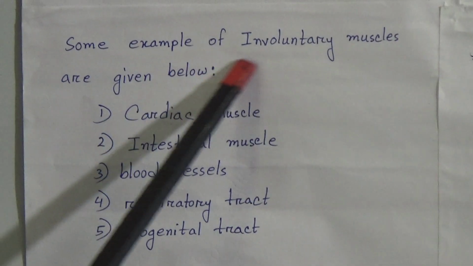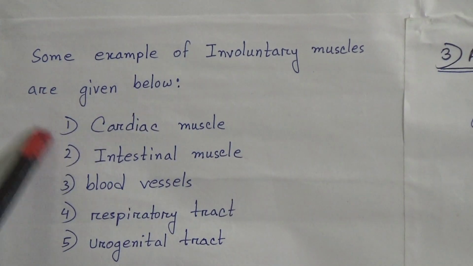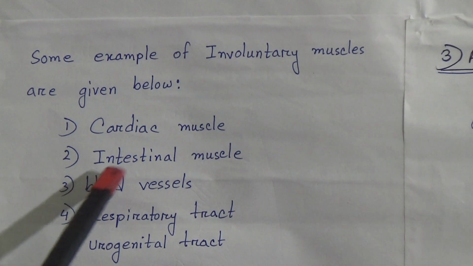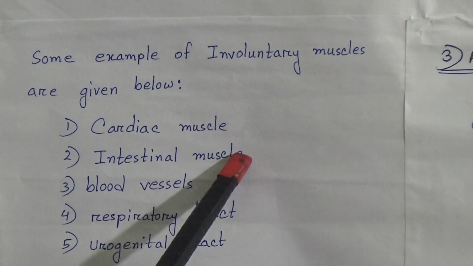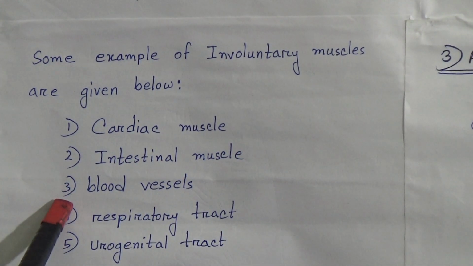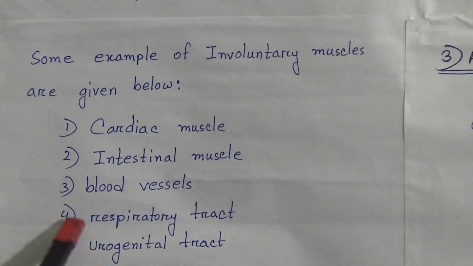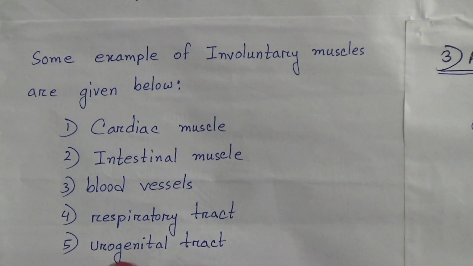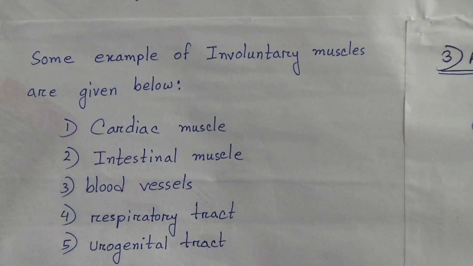Students, now come to here. Some examples of involuntary muscles are given below. Number 1 is cardiac muscle, number 2 intestinal muscle, number 3 blood vessels, number 4 respiratory tract, number 5 urogenital tract.